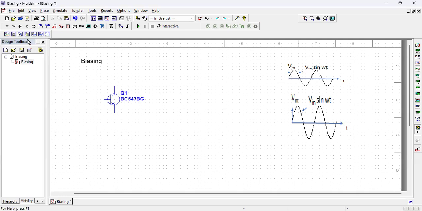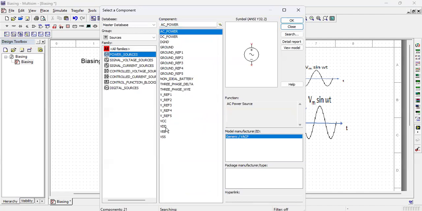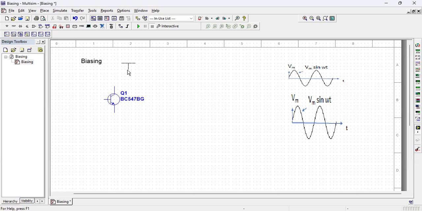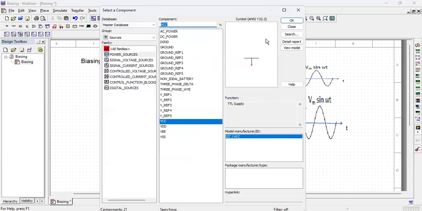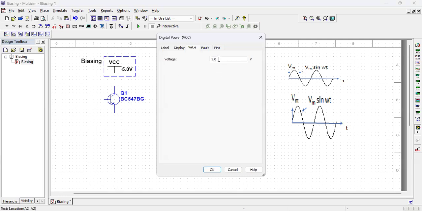So let us take a positive potential here. Let us make it 10 volt.